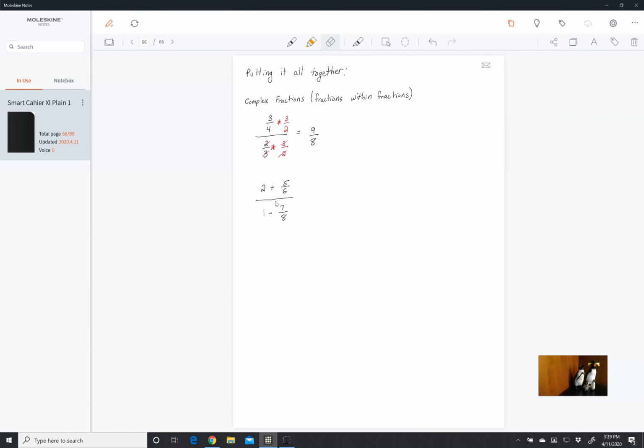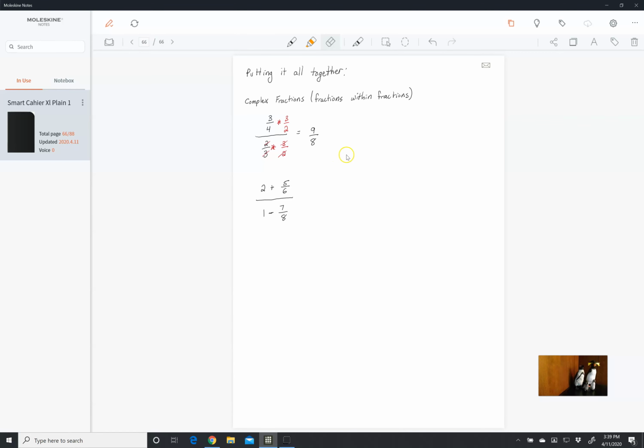minus 7 over 8. And you can see from here why we say that at this point we're combining everything that we learned, because we have fractions within fractions, so we will be dividing and multiplying, but we're also adding and subtracting. And in order to do this, we can only have one fraction in the numerator and one fraction in the denominator. So that's our first goal, okay?